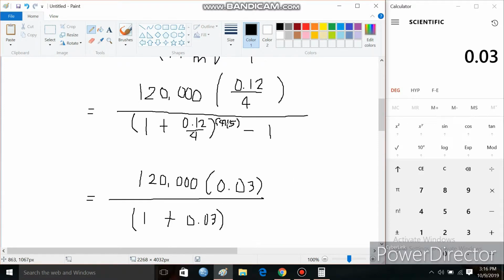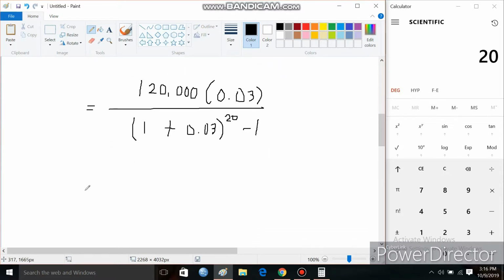Then we can also calculate the power: press 4 times 5, then press equals. So this is the power of 20. Then minus 1.